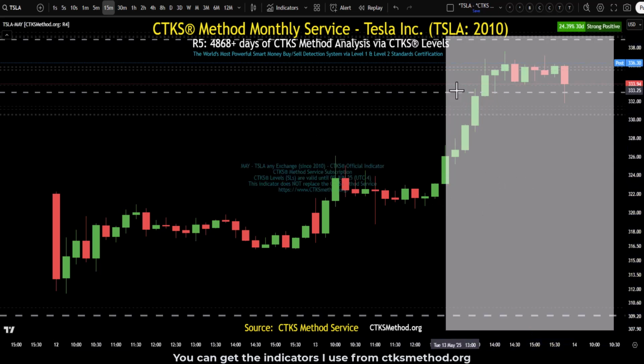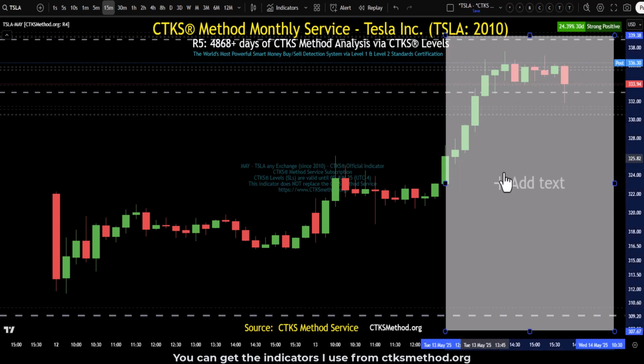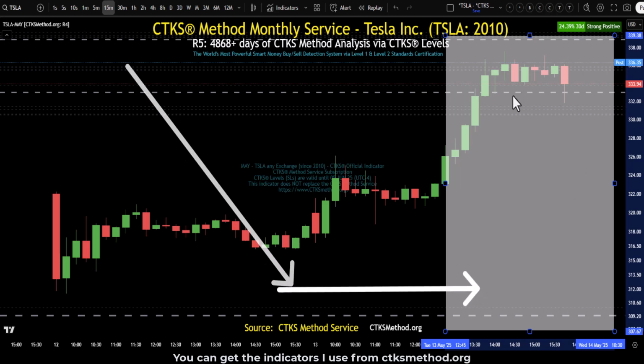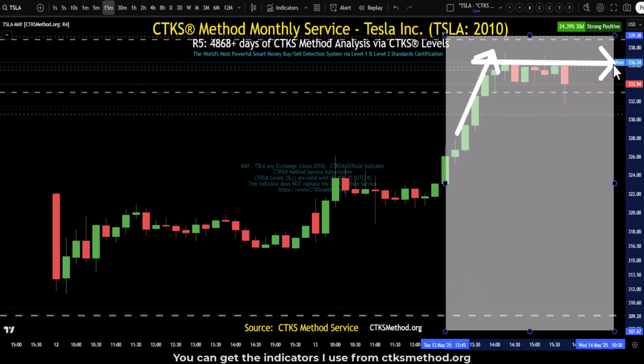Now, this is a Level 1 and Level 2 standard certification markup on Tesla. What we can see, Tesla came into overhead structural resistance around that 339 level. It has a very good structural support just above 332. And then we've got a negative CTKS gap. Now, what does this mean? If the VIX is just basing, we would assume that Tesla will do this as well.